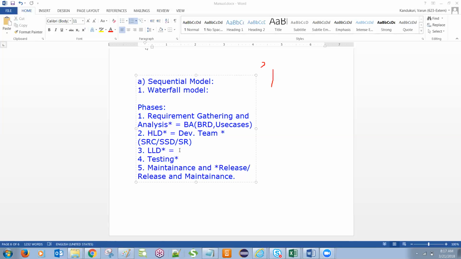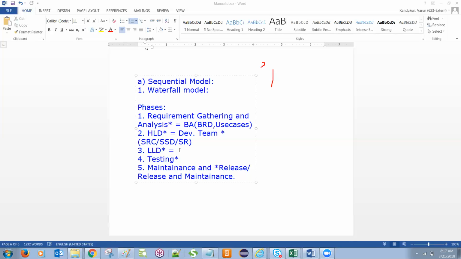In this low level design phase, they will go into the requirements in detail, each and every requirement. They will prepare one algorithm, and they will segregate the work among themselves, and they will start working on it.